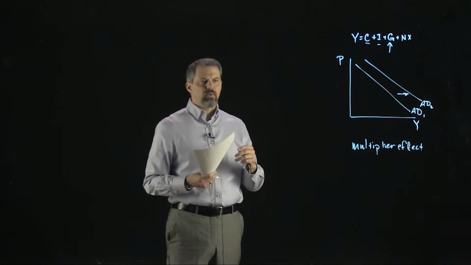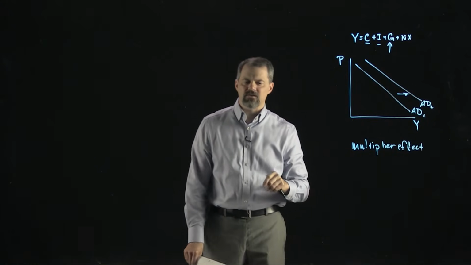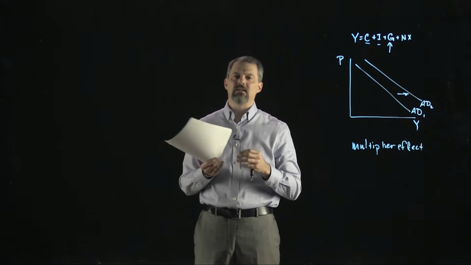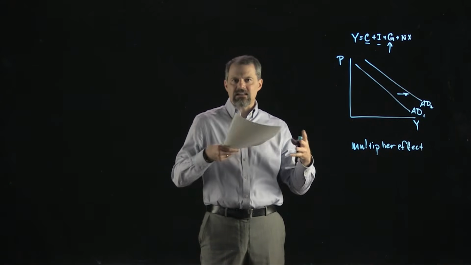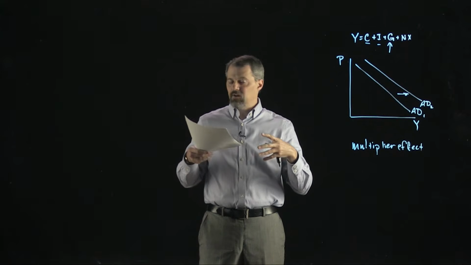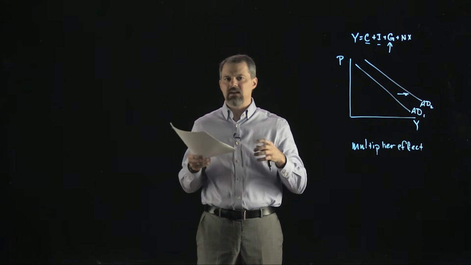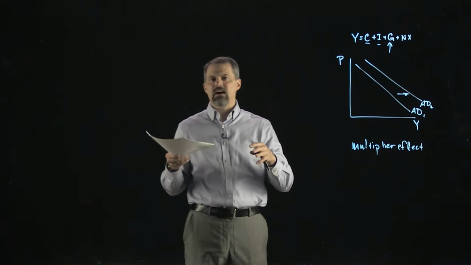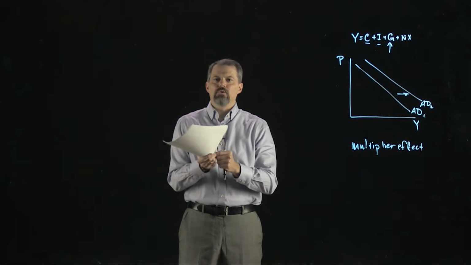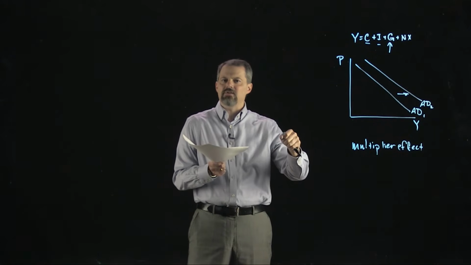So if you think about the multiplier effect, let's suppose the government spends $10 billion on some fighter jets. Then the company that makes the fighter jets is going to get that money. They're going to be paying their workers with that money, and they're going to be buying the materials that they need to make the jets with that money. And then the workers who are now paid the dollars, they're going to go out and spend those dollars on other things.